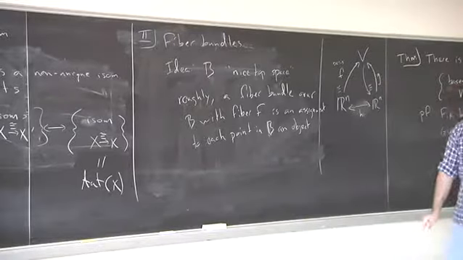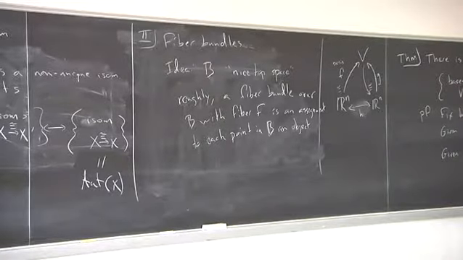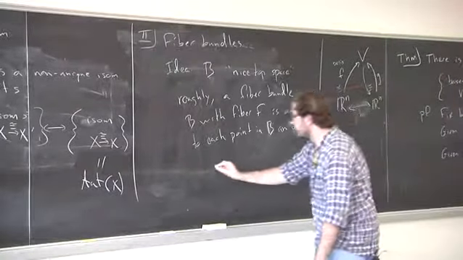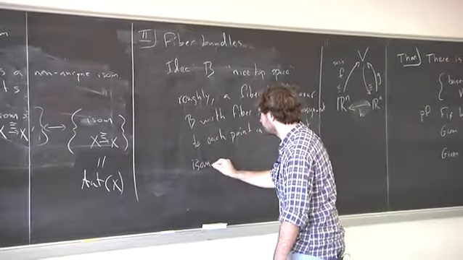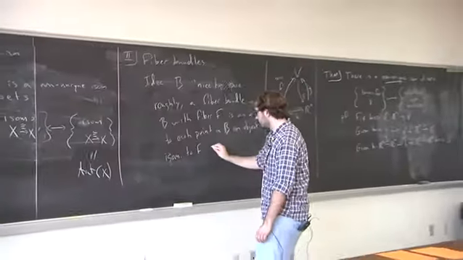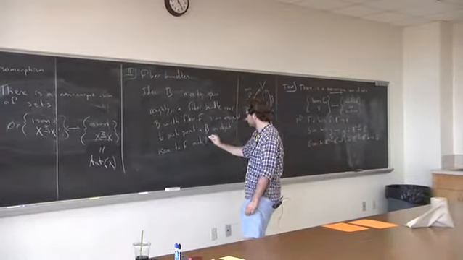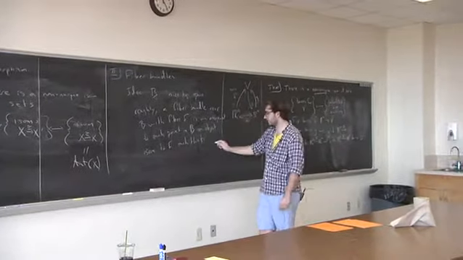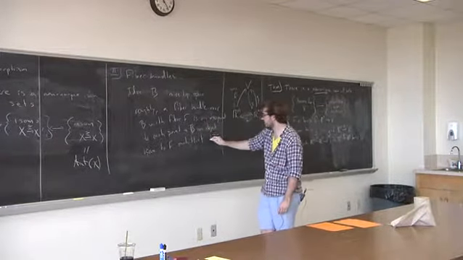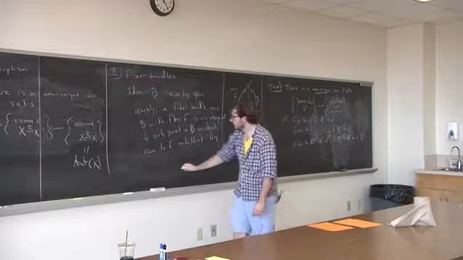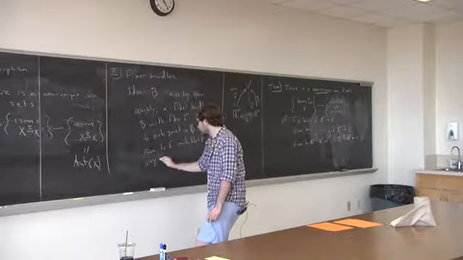So it could be just a topological space or something with more structure. An object isomorphic to F such that, I guess I'll say, they vary continuously.